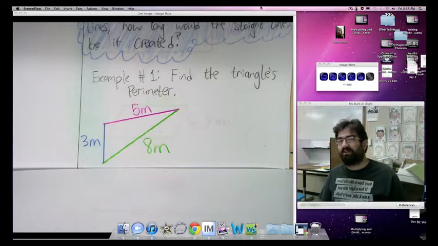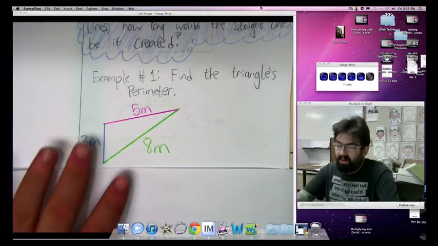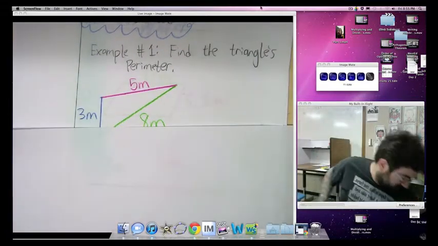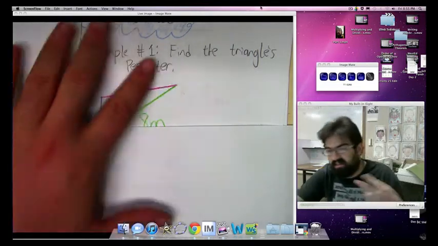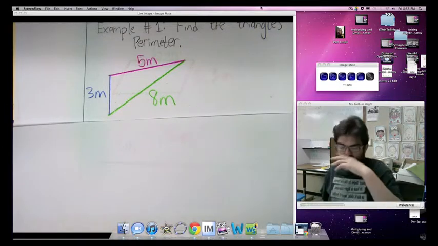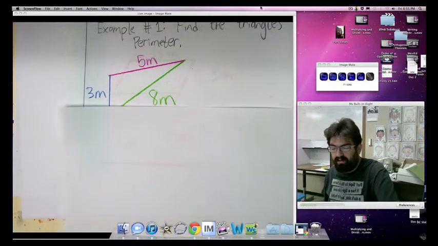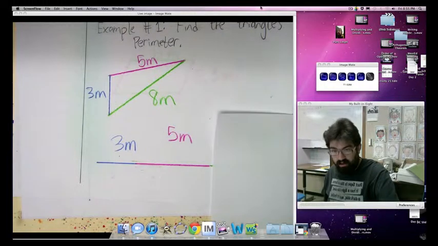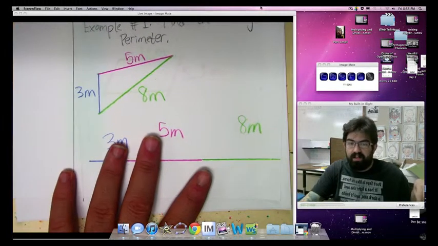Let's go with our idea first. If I was to take a pair of scissors and cut this line right where the blue and green connect and lay it out piece by piece, I would have the 3 meters, the 5 meters, and then the very end of it attached would be the 8 meters.